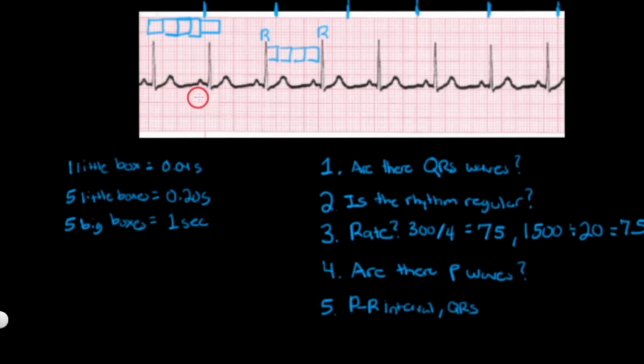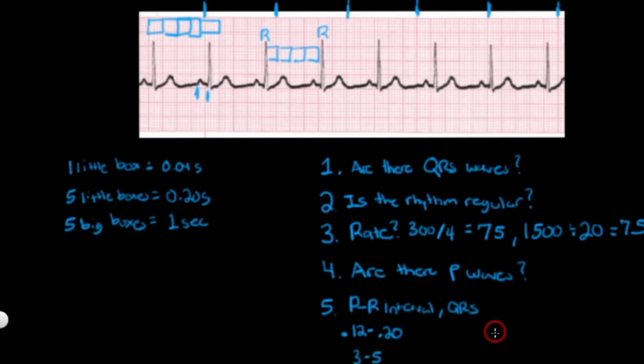The P to R interval, which would be from here to here, should be about 0.12 to 0.20. So this equals about 3 to 5 little boxes.